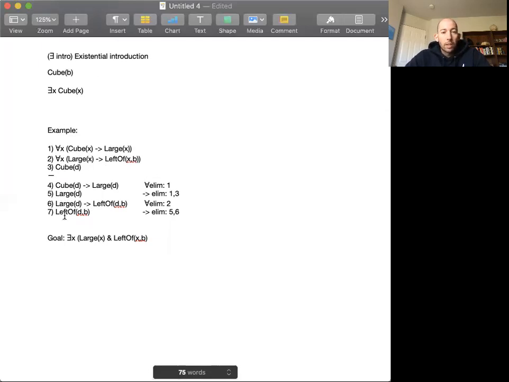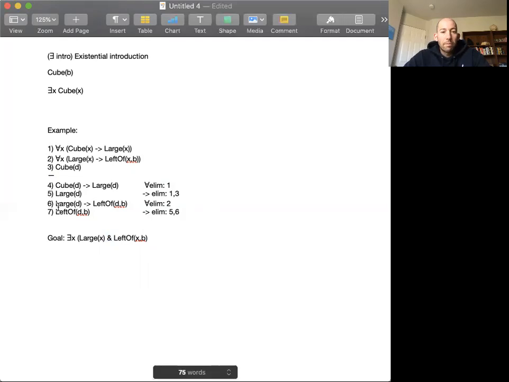Okay, so now I've got the claim that D is large. I've also got the claim that D is left of B. If I look at my goal, I can see that I have this conjunction. Here I'm using the ampersand notation for expressing conjunction.